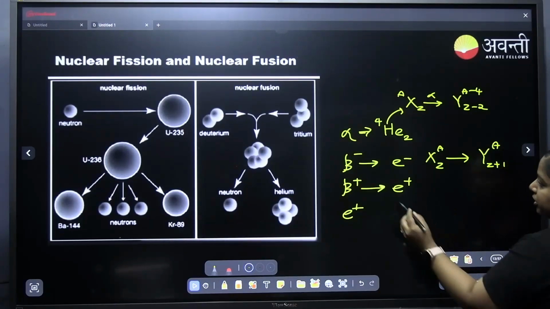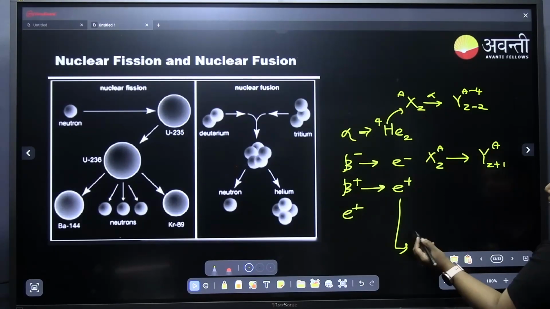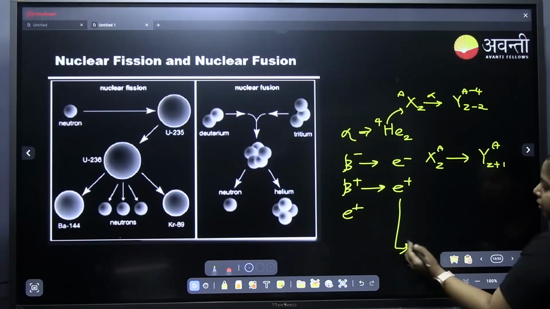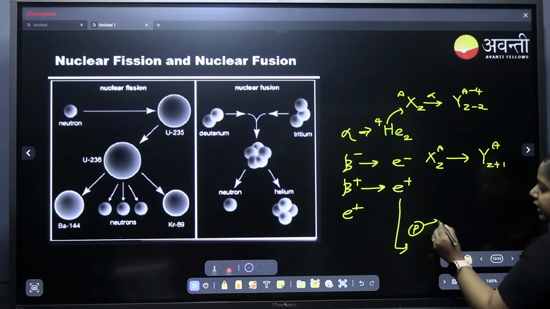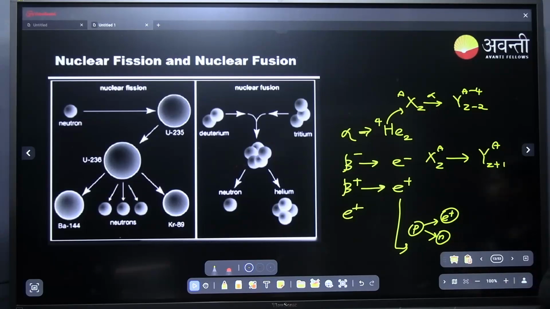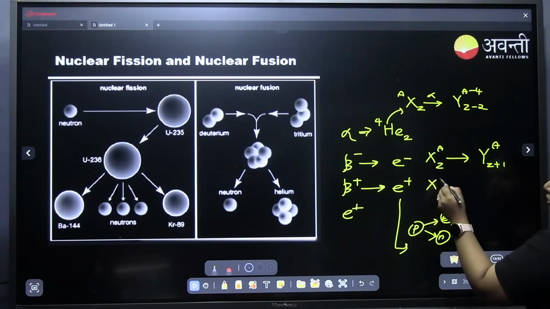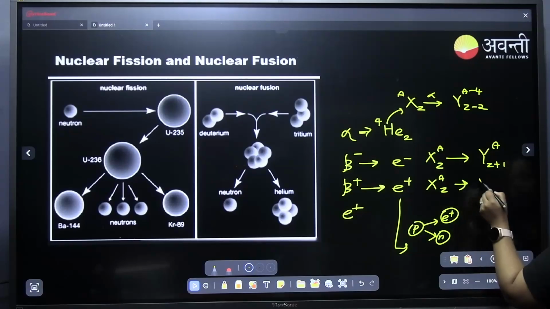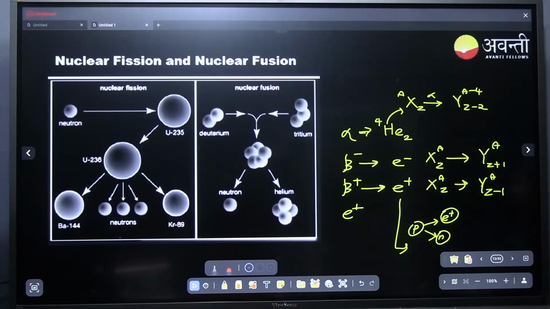In positron emission, or beta plus, what is happening is that a proton is separating a positron from it and converting into a neutron. So the mass number will remain the same, and the atomic number will be reduced by 1. So these are radiations.